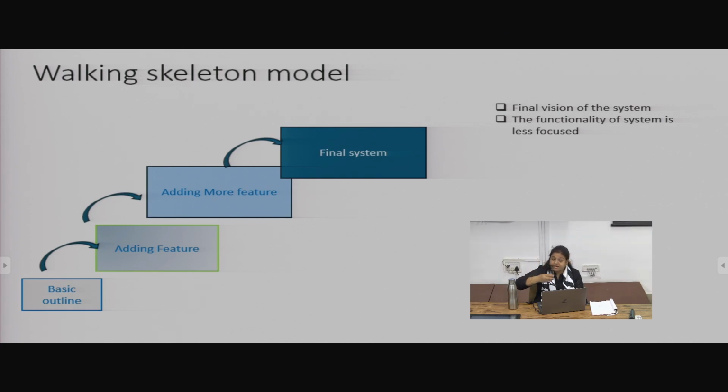They are considering the requirements, logics and functionalities, and keep adding more and more features. But this is the less insightful life cycle model of a system. So for less complex projects or less complex systems, we usually use this kind of walking skeleton model.